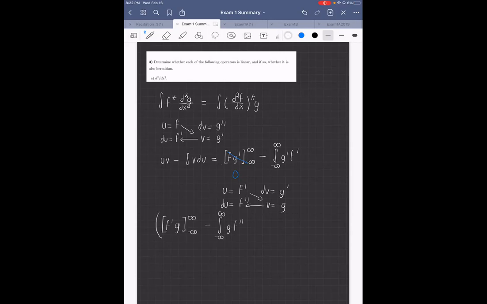And this will be in parentheses negative, because we have a negative sign here. These are just arbitrary functions, so the boundary term will be 0. And then you're just left with negative times negative is positive. So we have the integral from negative infinity to infinity of f double prime times g. And this means that the second derivative is Hermitian, since we proved that up here.